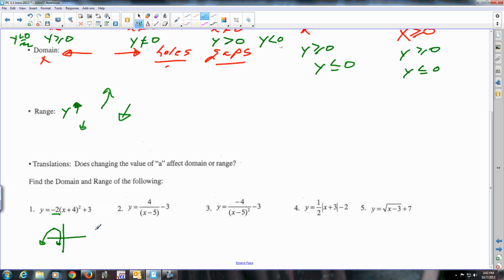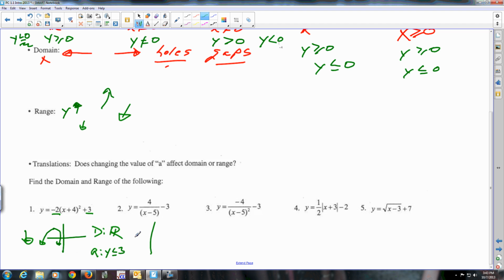So for your domain, I'm going to put D there to remind me, because if I just write all reals, I don't know, is that for the domain or the range? Now for range, can you go as high as you want? No, I can only go as high as 3, but I can go as low as I want. So y less than or equal to 3.